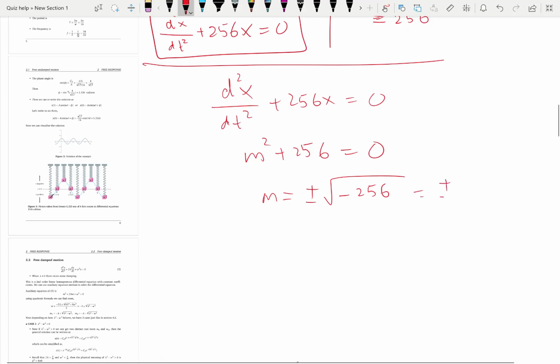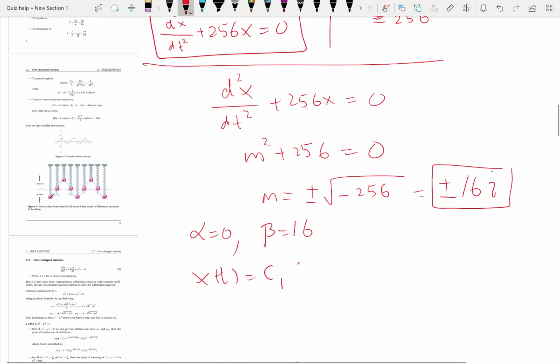The square root of 256 is 16, and the square root of a negative is i. So the roots are plus or minus 16i. We have two roots: alpha is 0, a complex root, and beta is 16. So the solution is C1 cosine 16t plus C2 sine 16t.